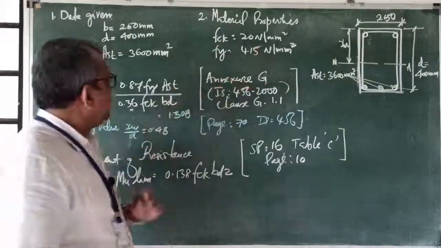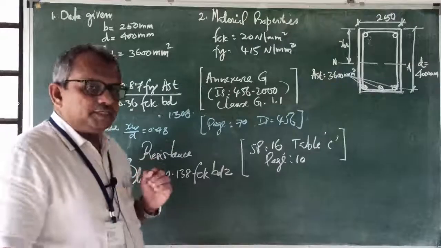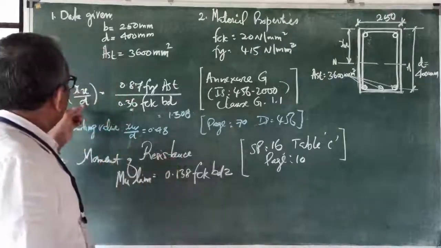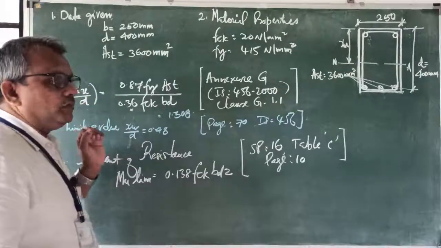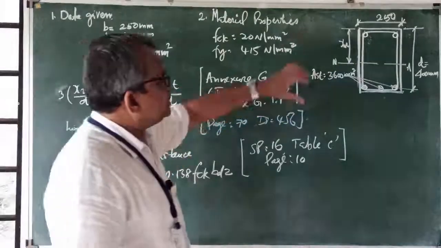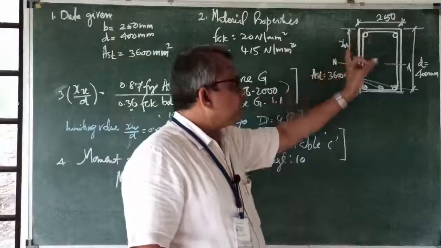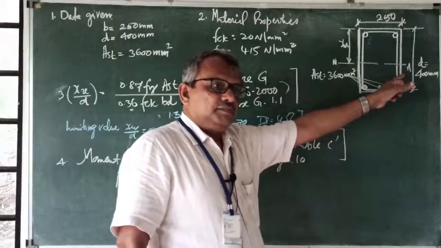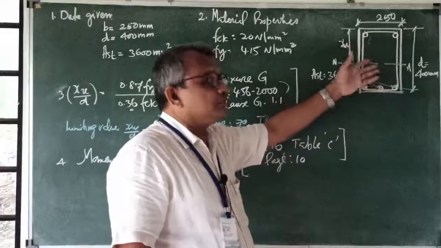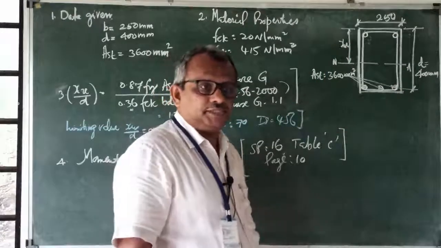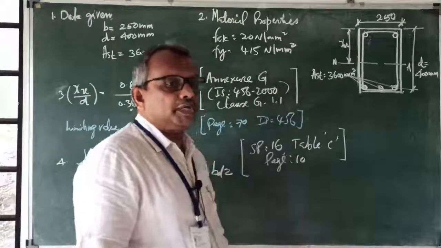That is the question. Now for that, the next step, number 3: find out the ratio XU by D. What is XU? XU is the distance from the top of the beam to the neutral axis. Neutral axis is very familiar to you. We have studied in the last 2 semesters about neutral axis. That is the axis at which there will be no tension or compression.